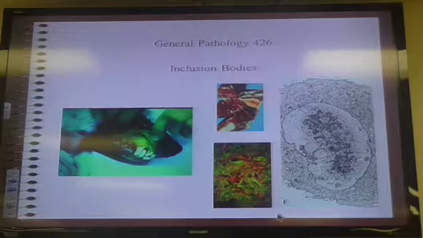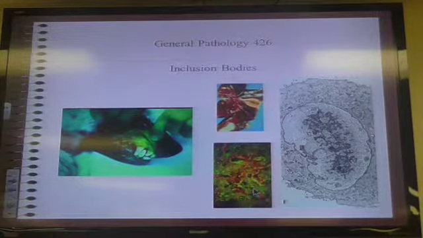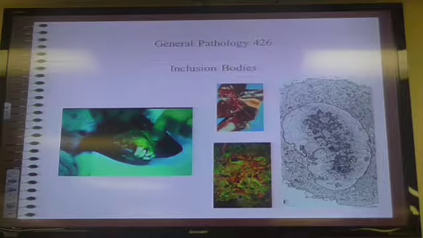Now I look there. That's a perfect one. That's an inclusion body. Isn't that a hepatocyte? And that's it with EM. So, this is the liver. It's in a dog. So what's the disease problem?